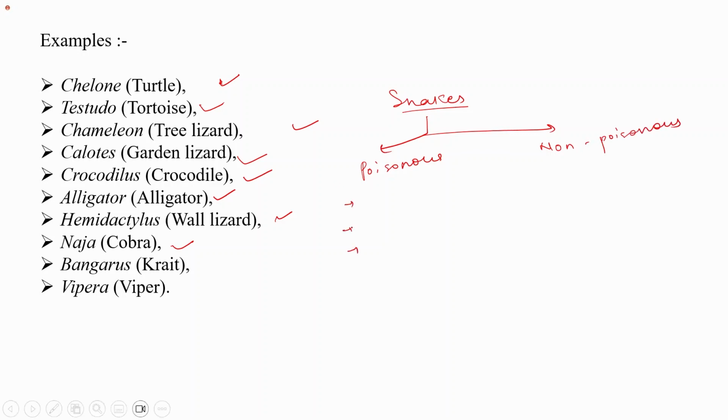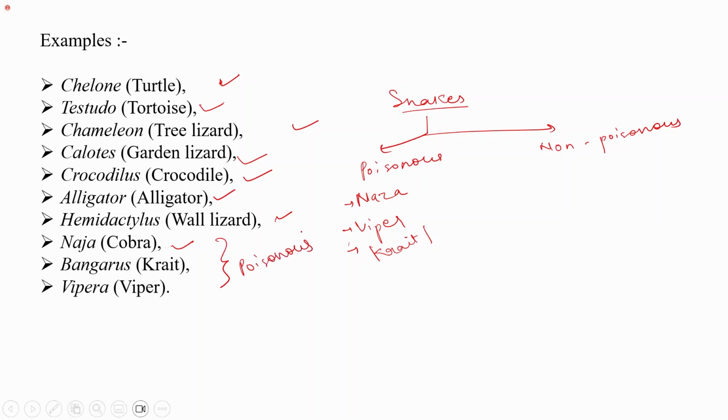I'll give you some examples. Naja, which is the cobra, is a poisonous snake. Then we have viper, which is also a poisonous snake, right? And Bungarus, which is the krait. So these three are poisonous, right?